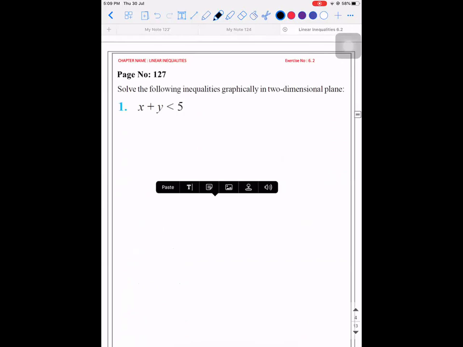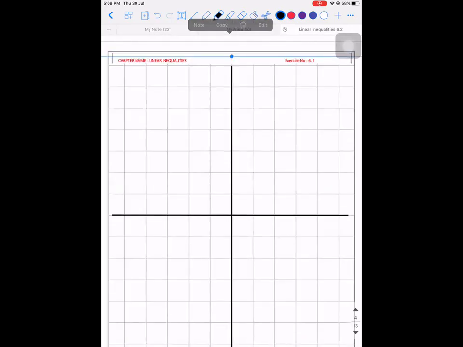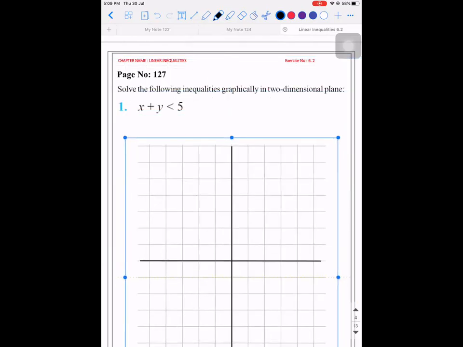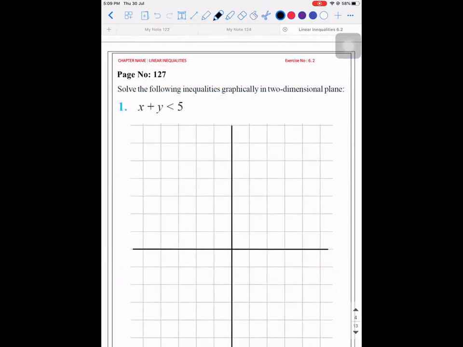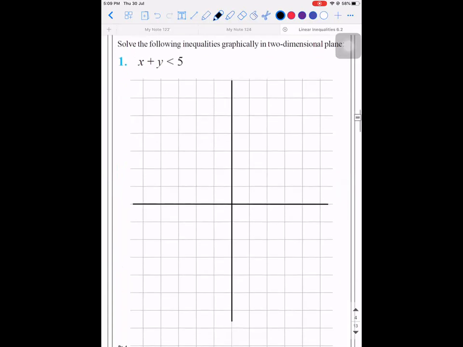So how to do? x plus y is less than 5. Substitute x with 0 first and then y. When you put x is equal to 0, y will be 5. So what will be the required point? It will be 0, 5. When you substitute y is equal to 0, x will be 5.